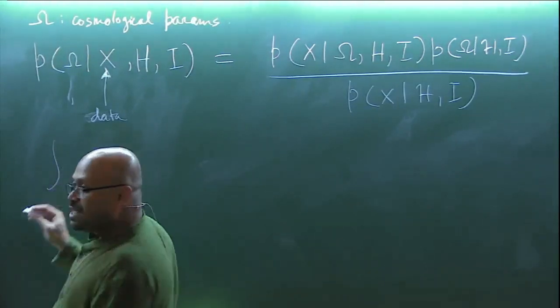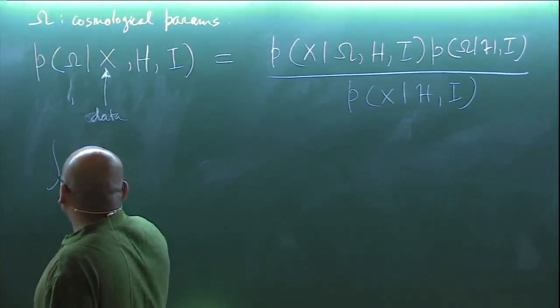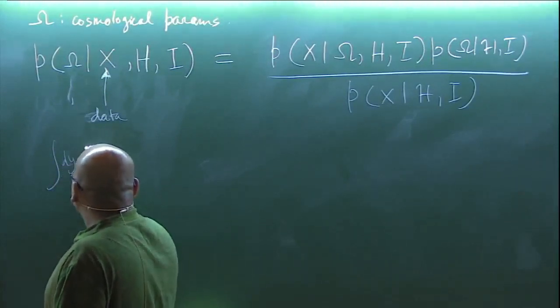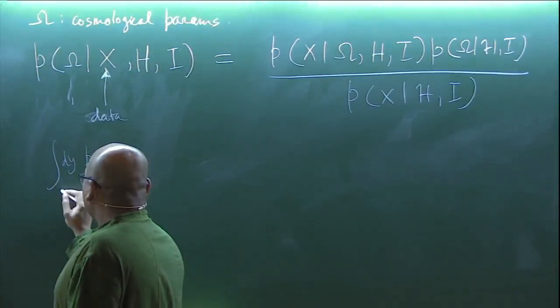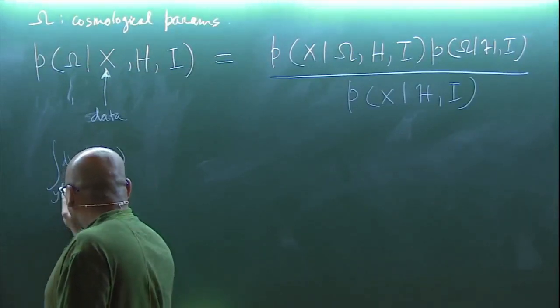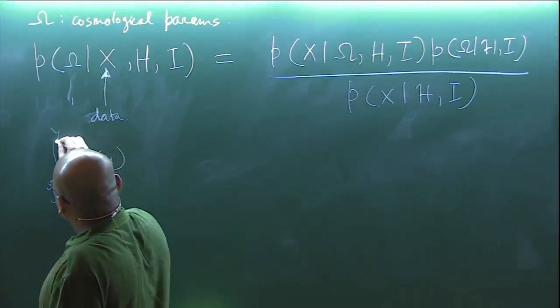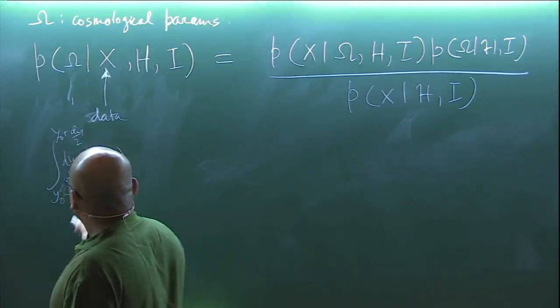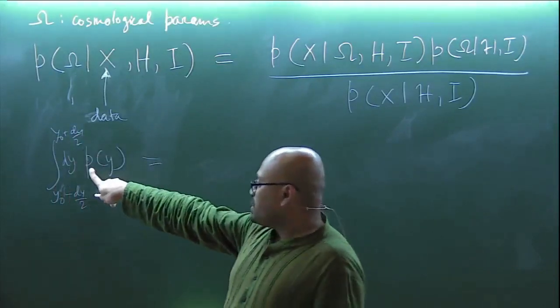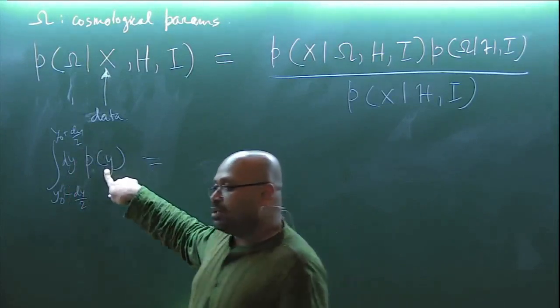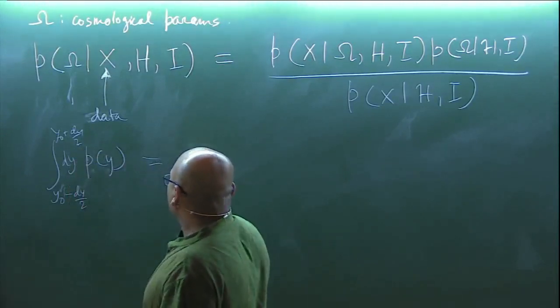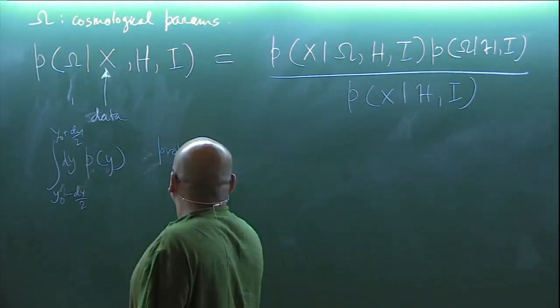So if you have a continuous variable, let's call it y, and you integrate the probability density over y between y naught minus dy over 2 and y naught plus dy over 2, this will give you the probability of this variable being in that range. So these probability densities make sense only after an integration with respect to whatever they are a density of.